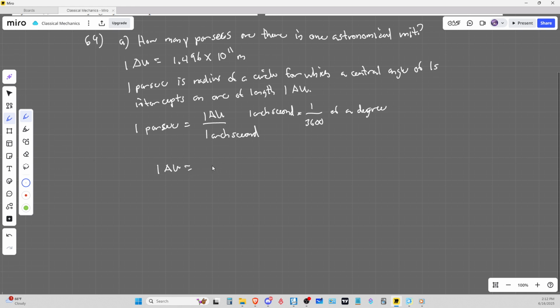The solution from what I saw is that they did this and then they multiply by the arc second. I know they did this conversion here because they want to get rid of the degrees, because I think an arc second is part of a degree. I think they probably did this just to make the calculations easier, because this is the degree.